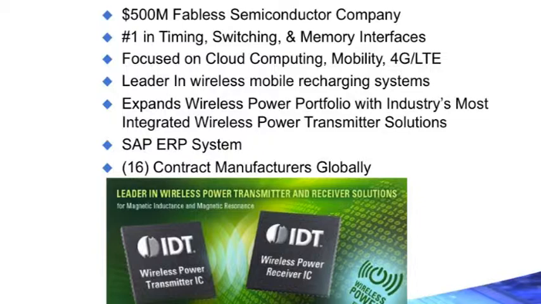And as Jeff mentioned, we use the SAP ERP system. IDT manages 16 contract manufacturers globally in 7 countries. A little over a year ago, IDT discovered that we had made an overpayment to a supplier of over $200,000.